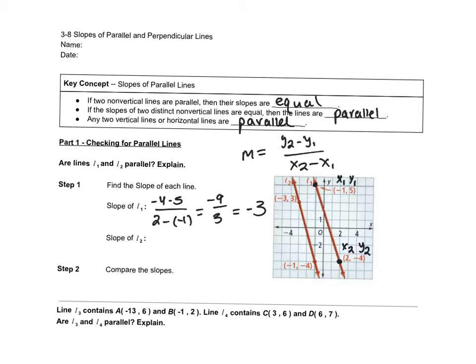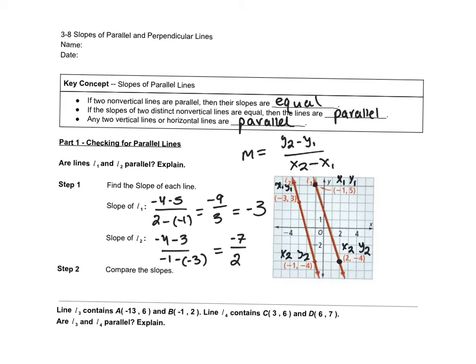And then let's look at line 2. We have -3, 3, and -1, -4. We'll call this x1, y1, x2, y2. So -4 minus 3 and -1 minus -3. -4 minus 3 is -7. -1 plus 3 is 2.